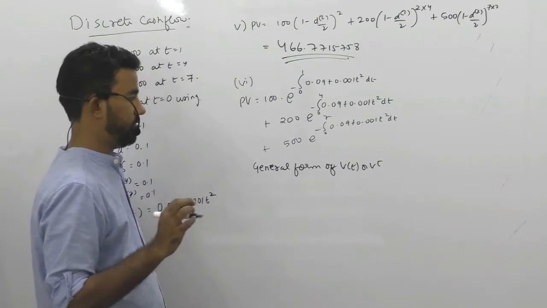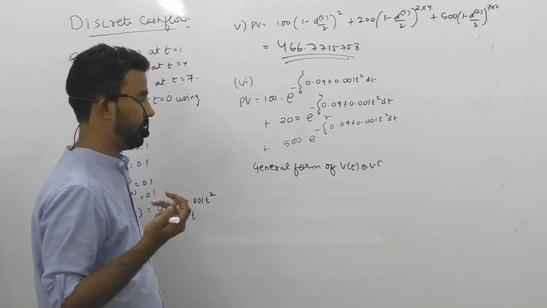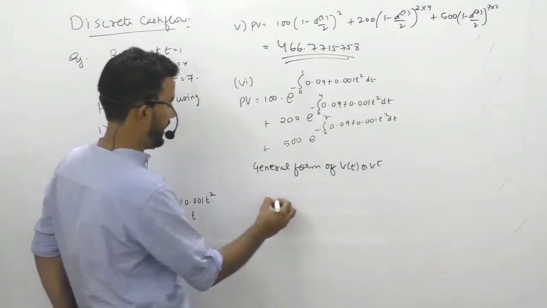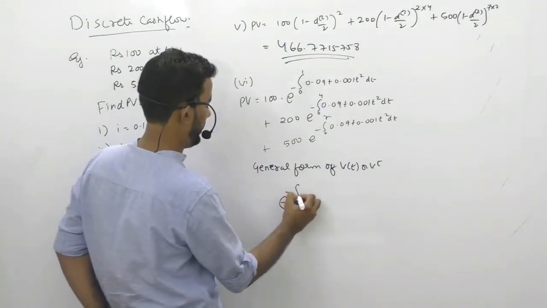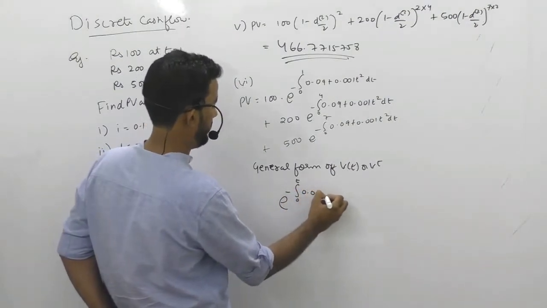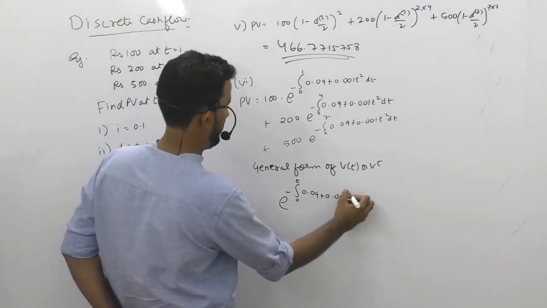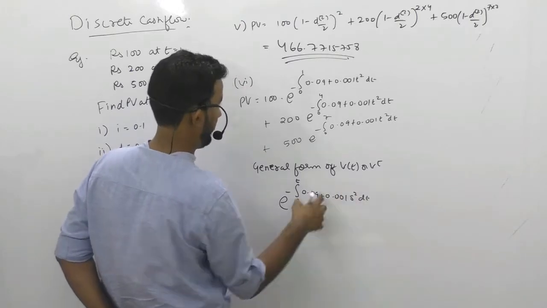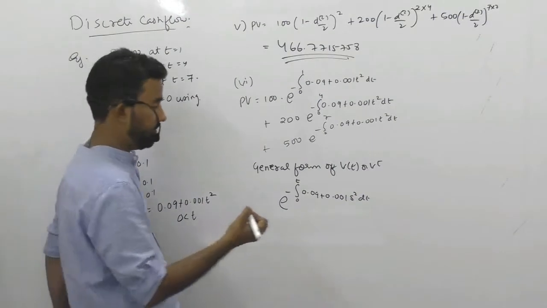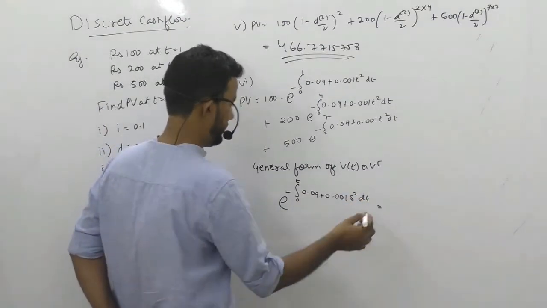So let's first assume that the upper limit is not known, and let us find the general expression for the integral from 0 to t of 0.09 plus 0.001 s square ds. Now I have replaced t by s because the upper limit contains t. Now we can integrate it once.